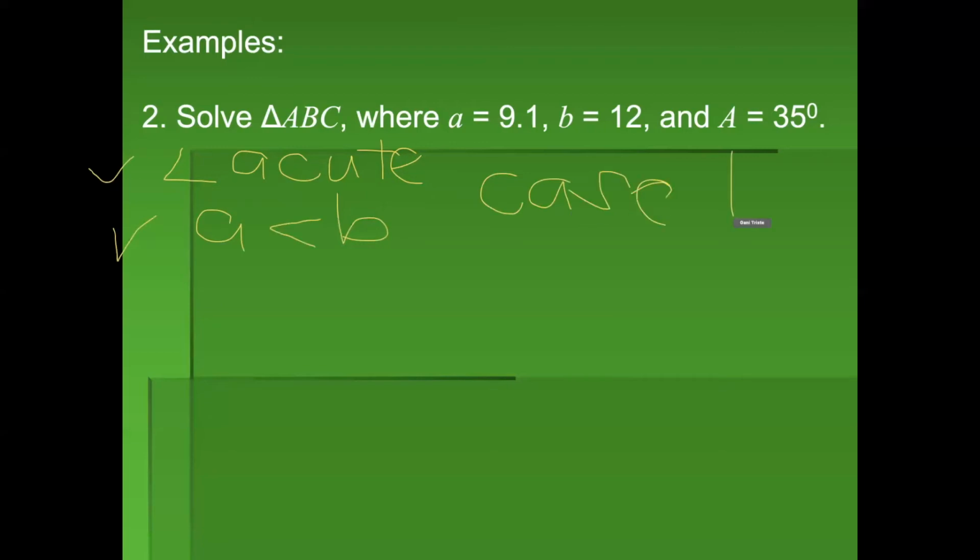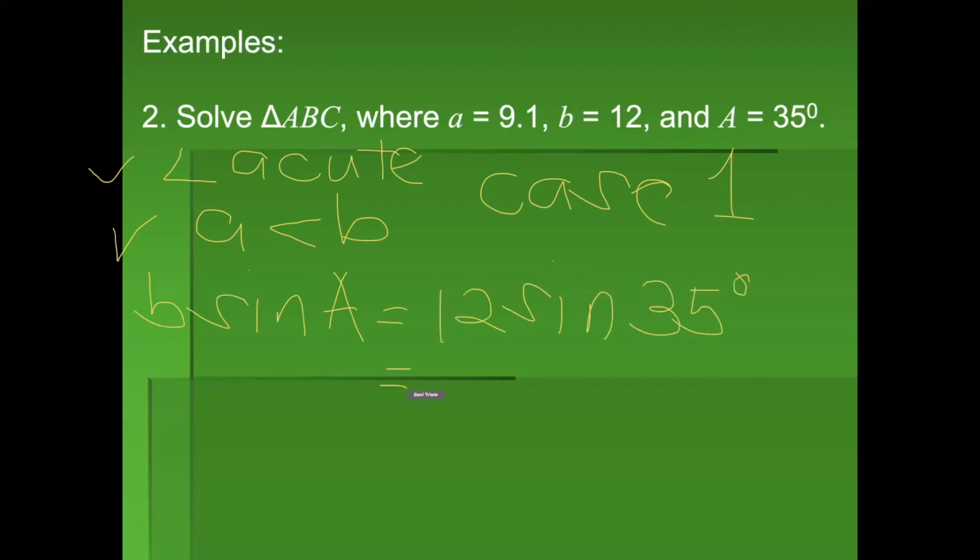Again, the first thing that we will do is to identify which case the given belongs to. Since we are in case 1, we need to solve for B sine A, wherein B is 12, times sine of the given angle, 35 degrees.